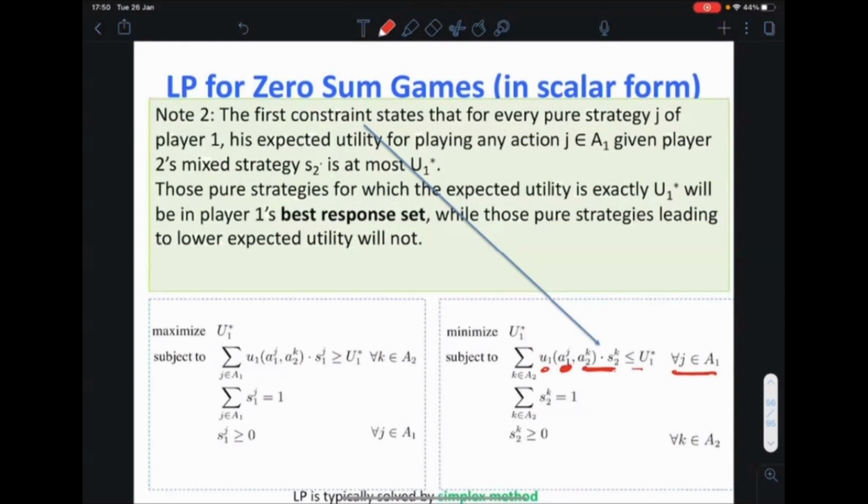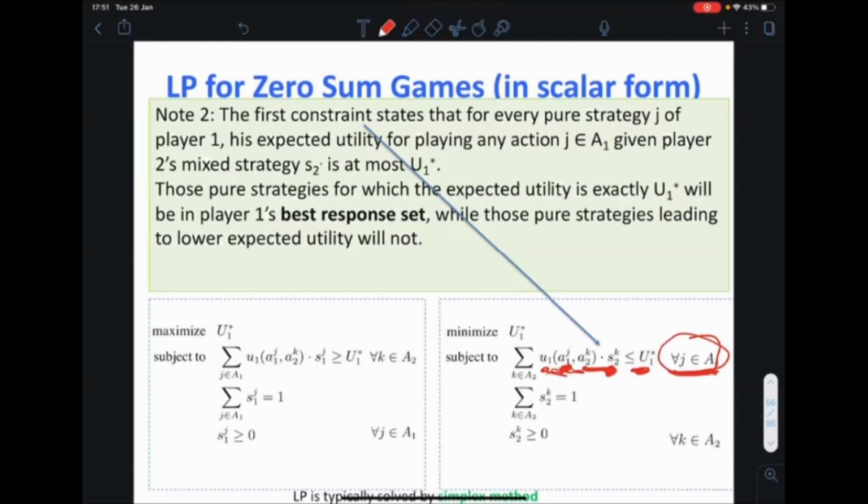So basically I'm going to enumerate all possible pure actions that I have, and look at the expected value if the opponent plays this strategy S2, and I make sure that it is always smaller than or equal to U1 star.